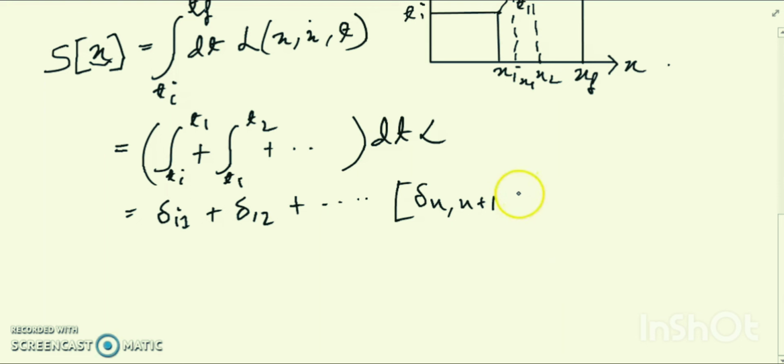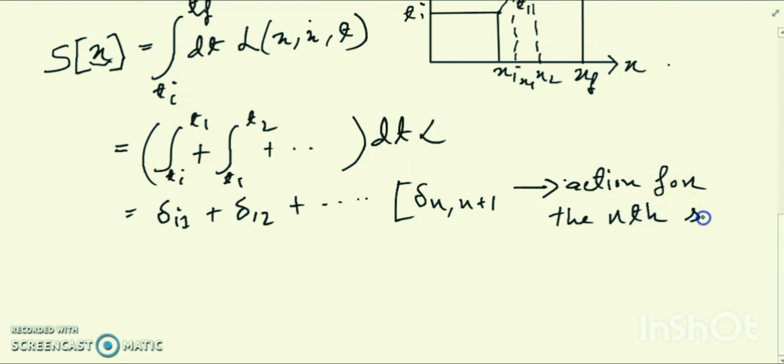It is called the action for the nth segment.